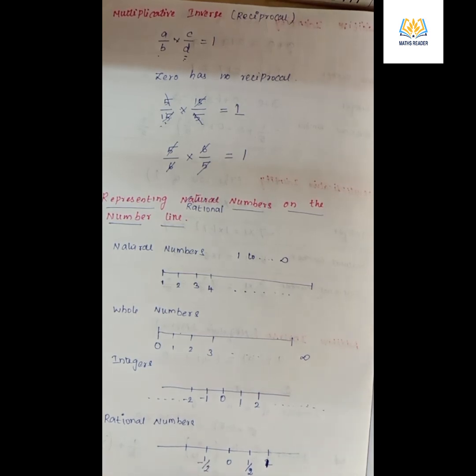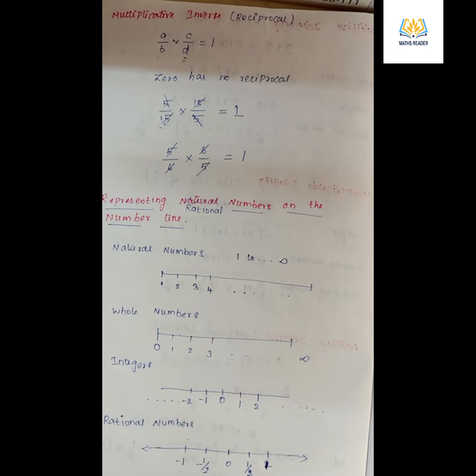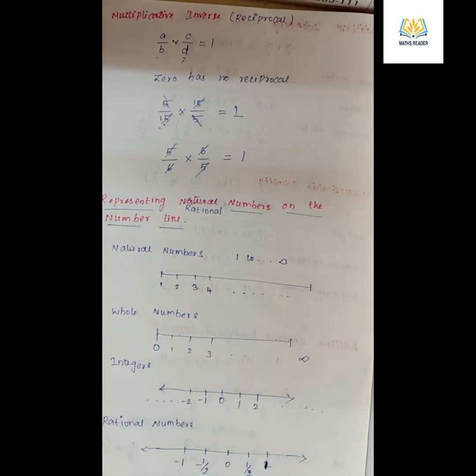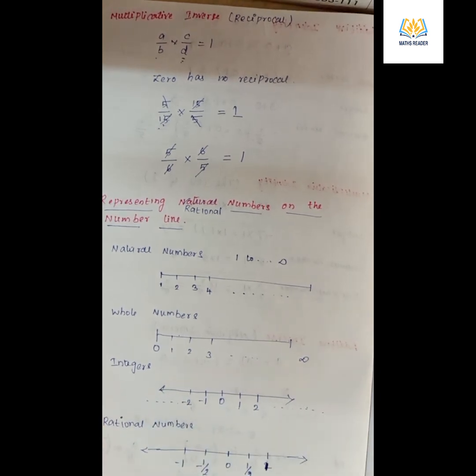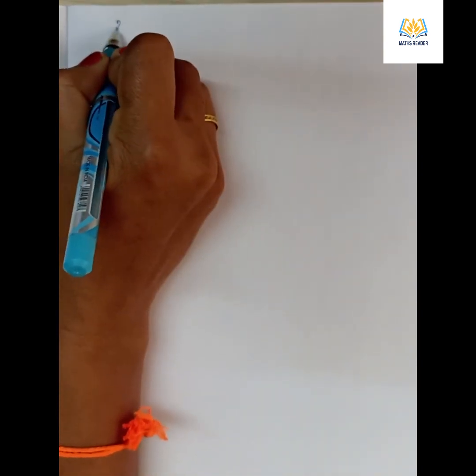This is minus 1 by 2, minus 1. So integers and rational numbers extend on both sides. It goes on till infinity on the left hand side and also the right hand side.